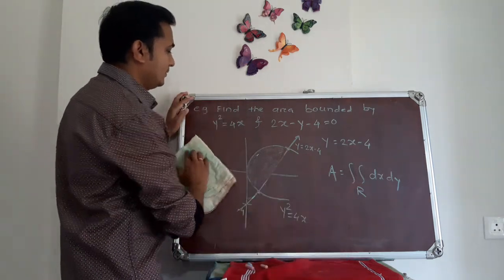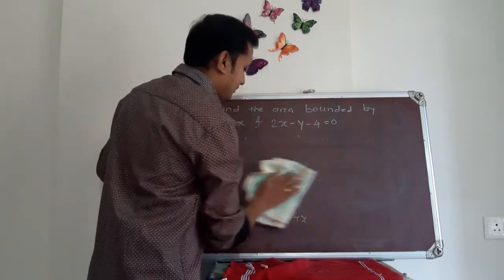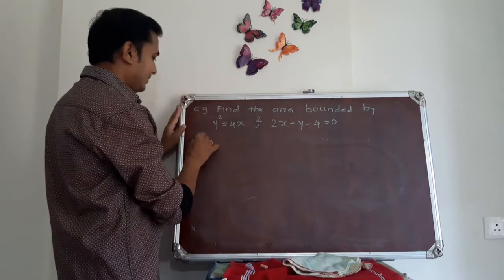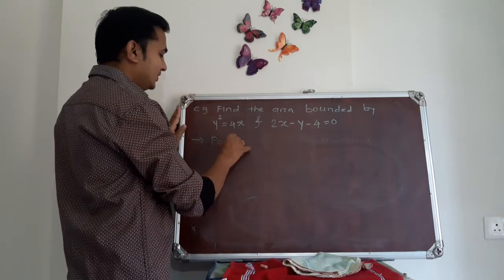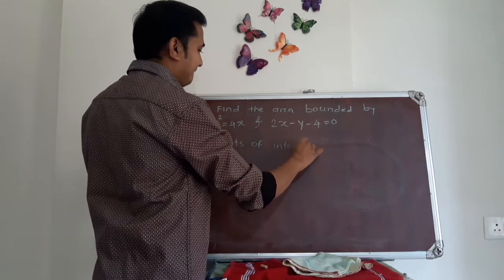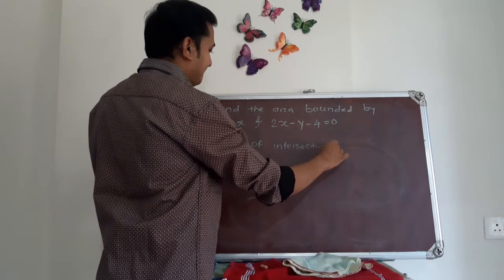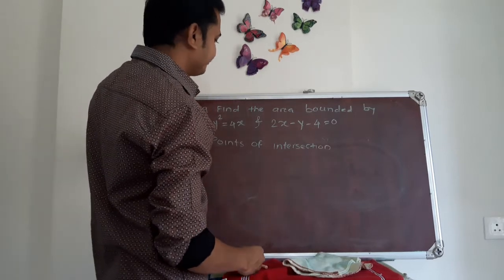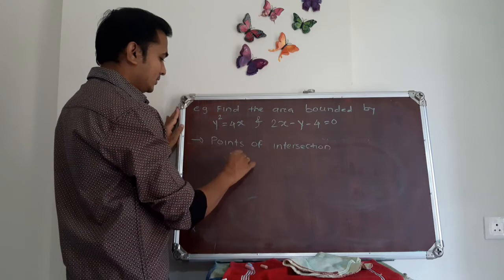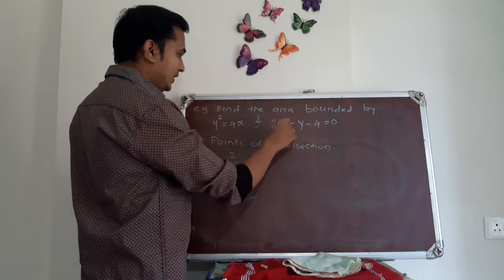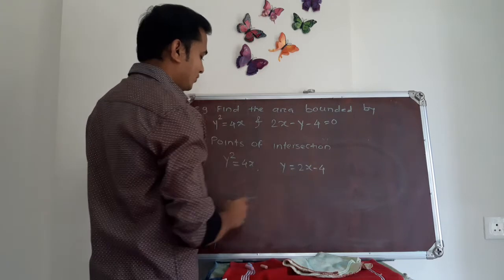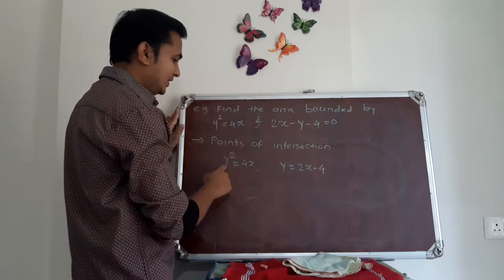So points of intersection. So y square equal to 4x and y is equal to 2x minus 4. So substitute this y here.